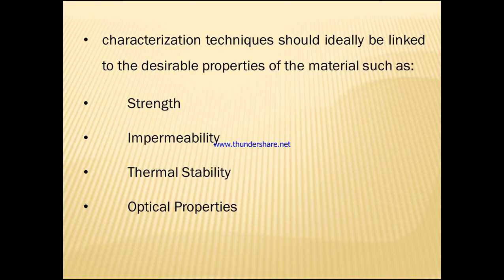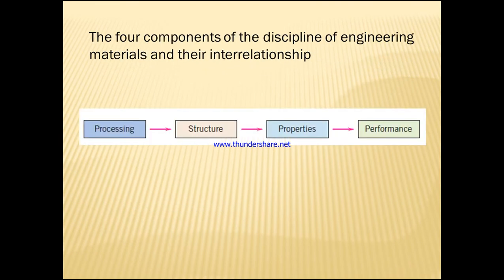The characterization technique should ideally be linked to the desirable properties of the material, which may be related to mechanical or thermal properties, such as strength, impermeability, thermal stability, and optical properties. With respect to this, we go by the mechanical as well as the thermal properties.